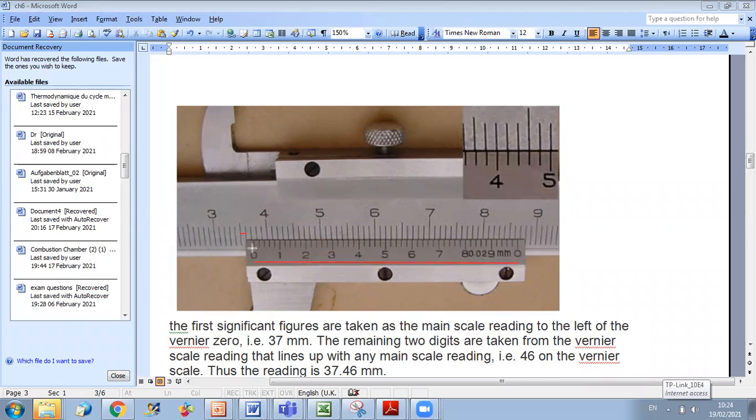Because you have 0, 1, 2, 3 until 10, so 10 main divisions, and each division is divided into 5 parts. So you have 50 in total.